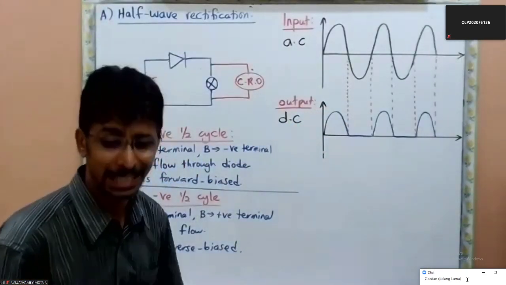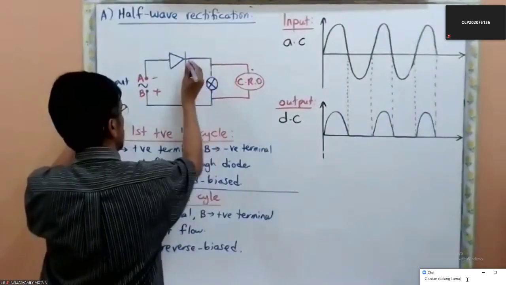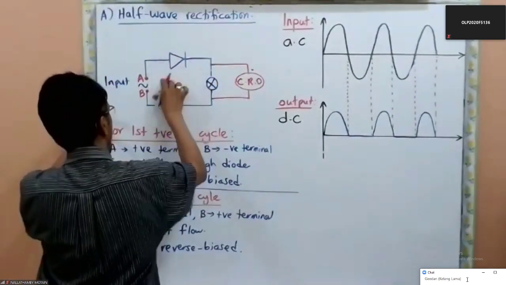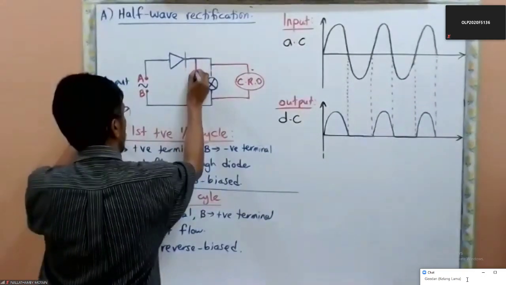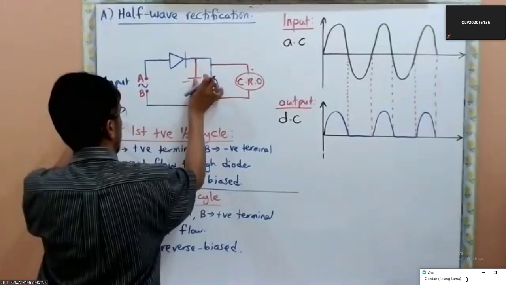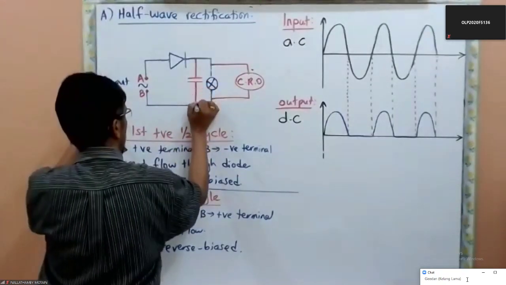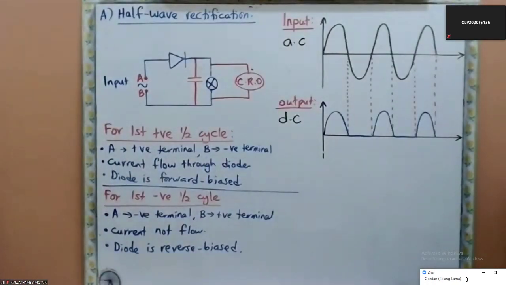How to smooth the current? We need to add a capacitor, parallel to the load. Two lines with the same length, this is a capacitor.